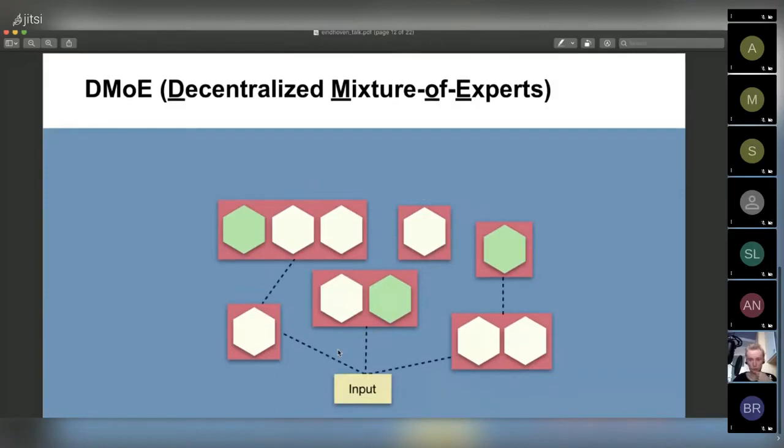Then we locate the computers which host our chosen experts via something called a distributed hash table, or a DHT. This is basically a decentralized key-value storage, which is maintained on all our network participants simultaneously.